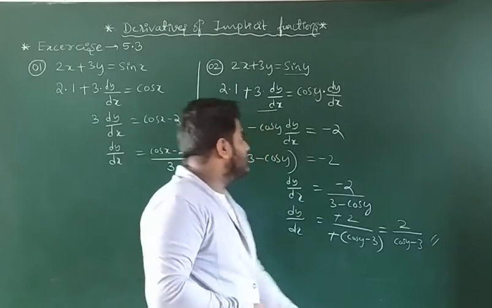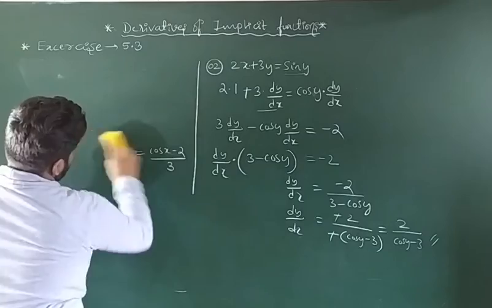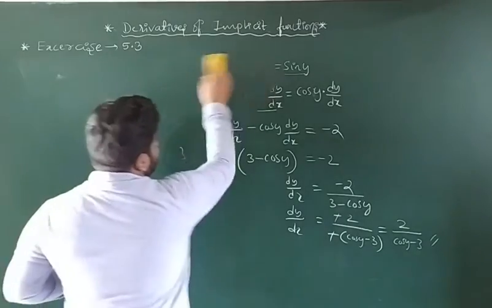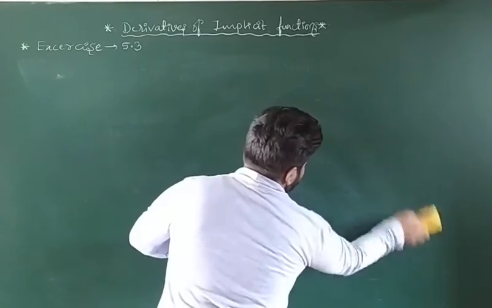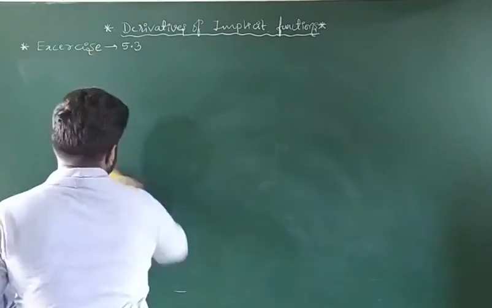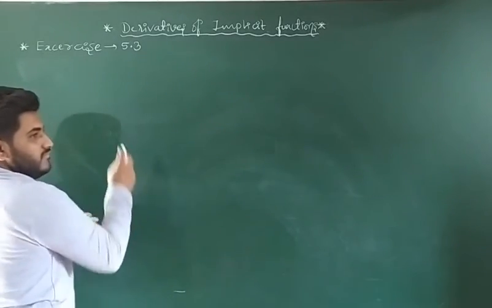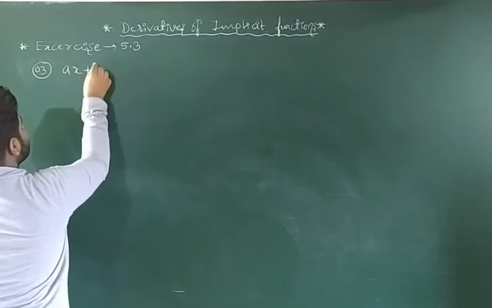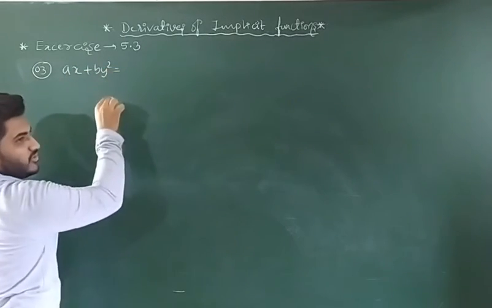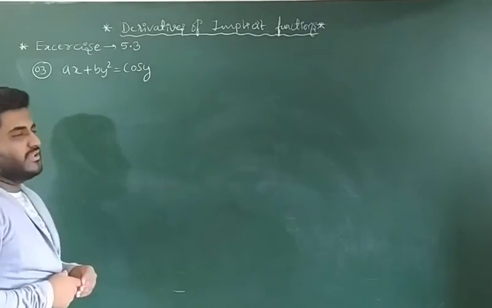Now we will switch to the third example: ax plus by square equal to cos y.